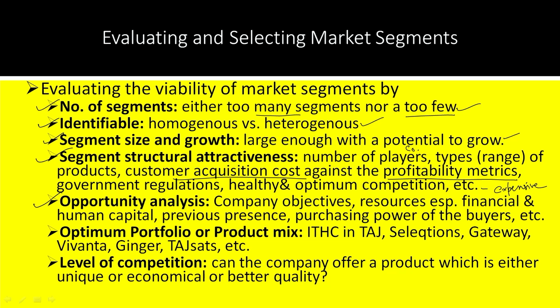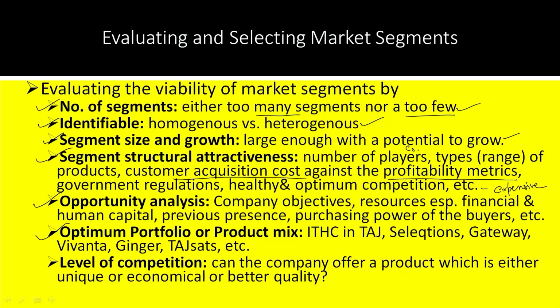Okay. Now next is the optimum portfolio or product mix. Portfolio means a combination of all the products, which is also known as the product mix. So any company that wants to be a sizable one with a good market presence should have a range of products which can cater to as many segments as possible, if not, then at least to 5-7 types of segments.